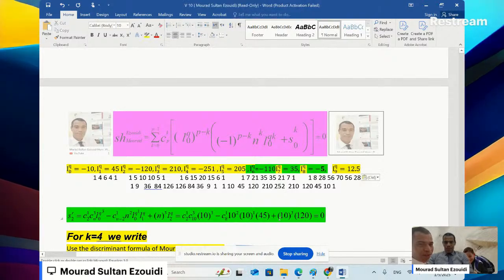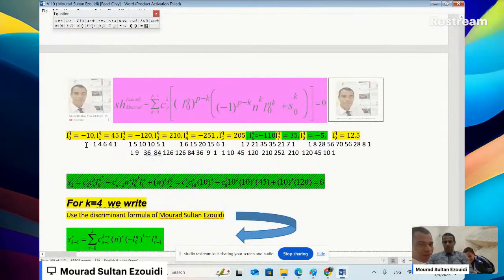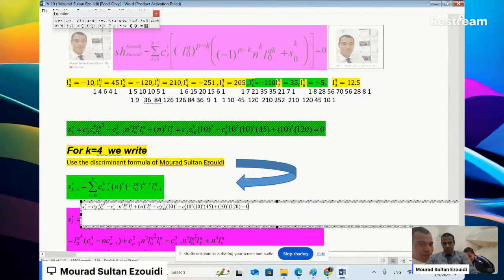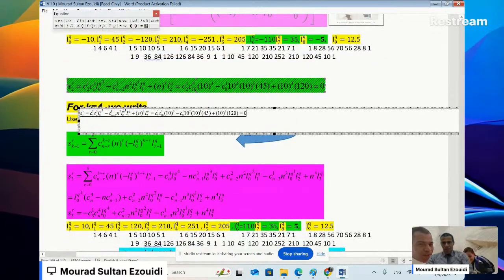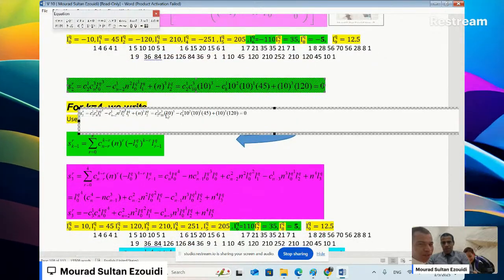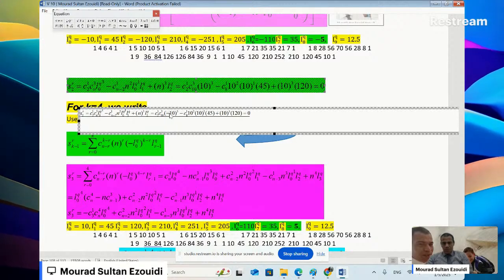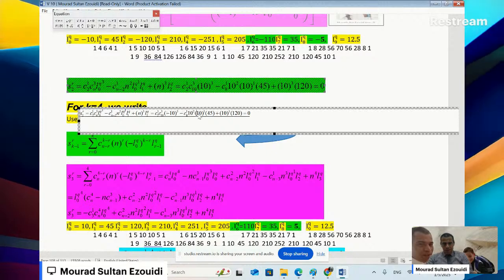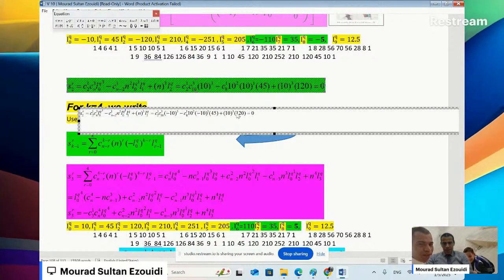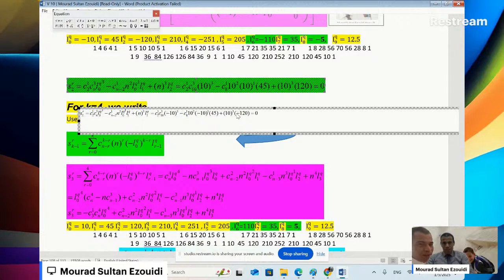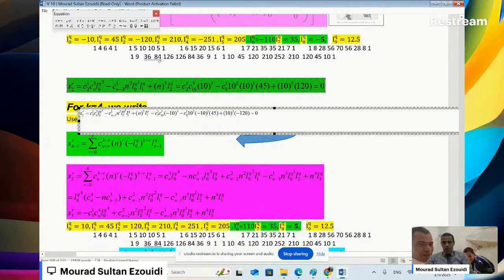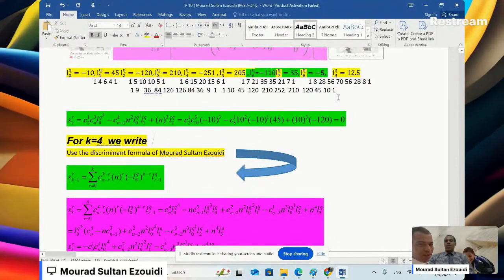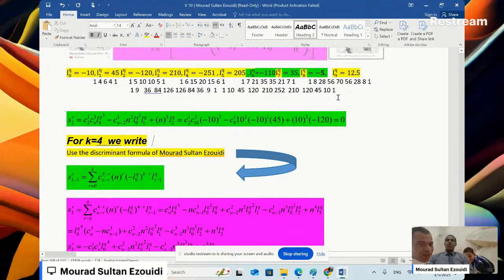I will change this one because L0 now is negative 10, not 10. So this one will be negative 10, because L0 is negative 10. This is also negative 10. Just I will give them negative 1. And this one is negative 120, simply because a2 is negative 120. Use a calculator, professors. You get that the value of S2 is equal to 0.